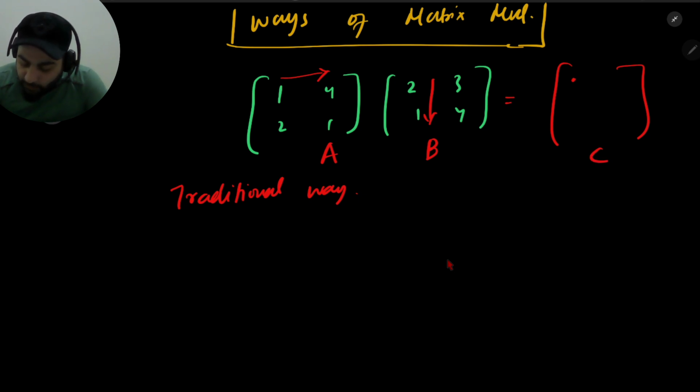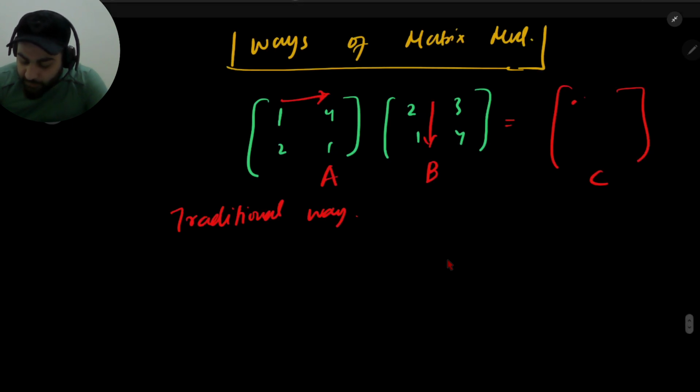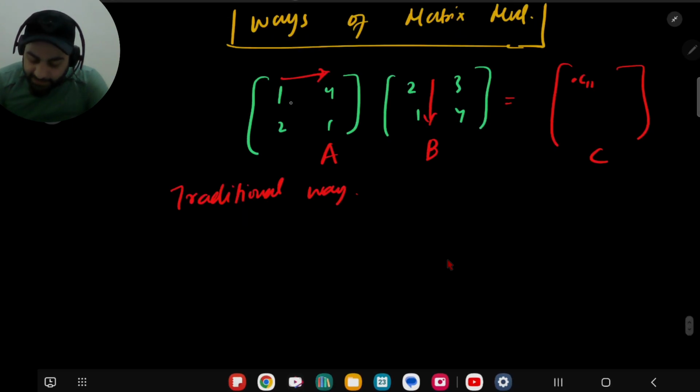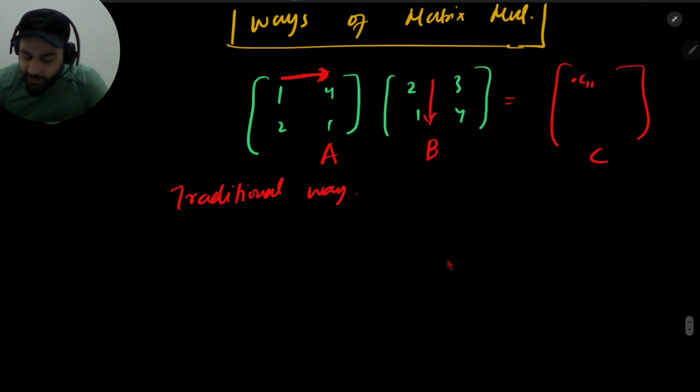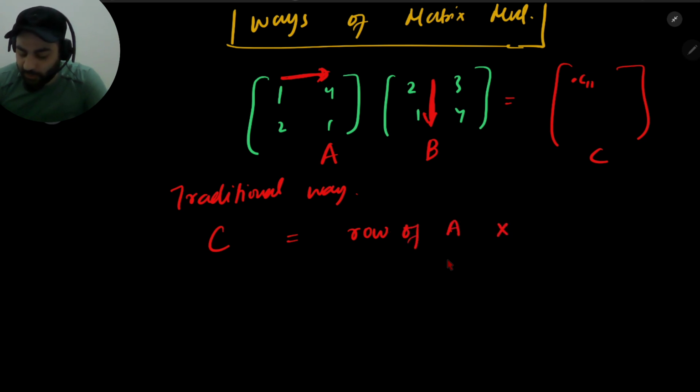If I want to find an entry, let's say C11, how can I find C11? I'll take the first row of the A matrix and the first column of the B matrix. So the traditional way is: to find any entry of C, I take a row of A and dot product it with a column of B to get that entry.